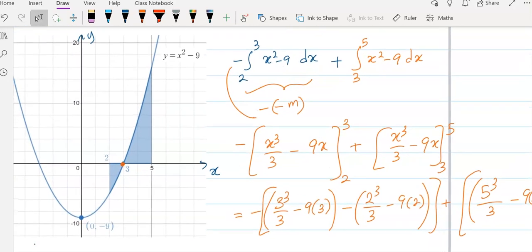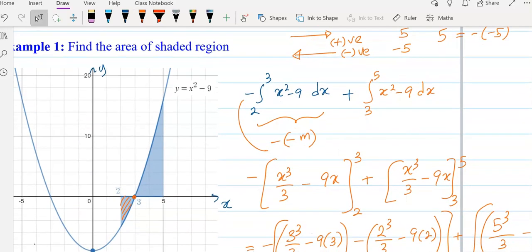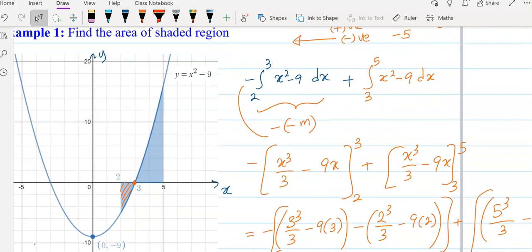The main thing that you need to take away from this is that the graph goes through the x-axis at a point, therefore you need to split the integral and put a negative sign in front of the area that you get under the x-axis. Otherwise, you would not find the shaded region. Rather, what you get is the signed area.